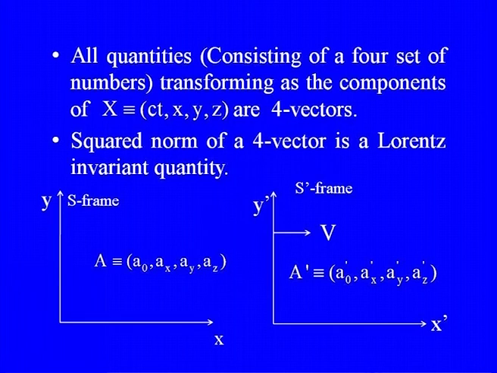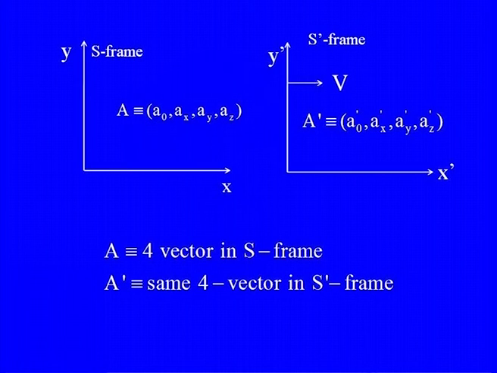Now if A is a 4 vector in S frame, and A prime is the same 4 vector seen from the S prime frame, then there are certain conditions that should be obeyed.